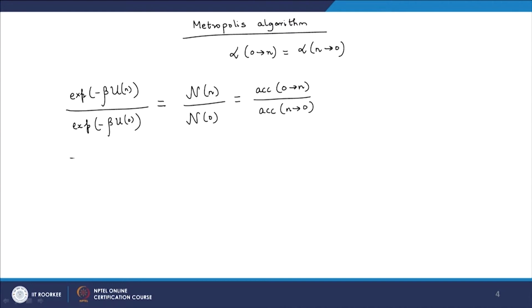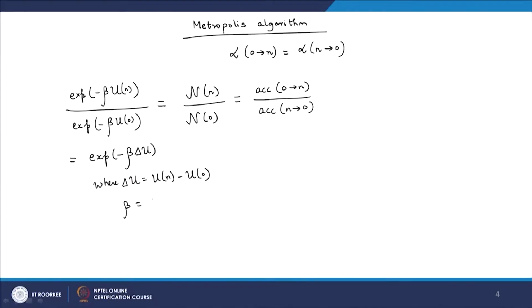So, from here what I get is exponential of minus beta delta u, where delta u is the energy change when I go from old to the new configuration. This comes from the Boltzmann distribution.